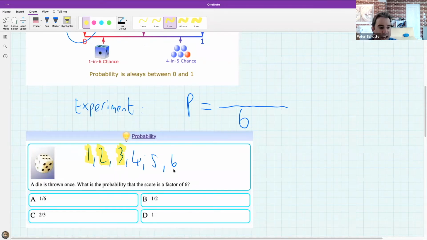And 6 is a factor of 6. So there were 6 possible outcomes, and 4 of them would be a factor of 6. In the language of probability, we would say that the probability is 4 out of 6, or written another way, 2 thirds.